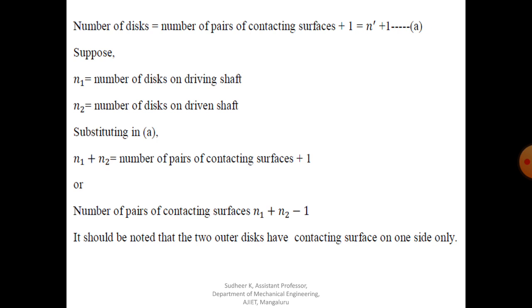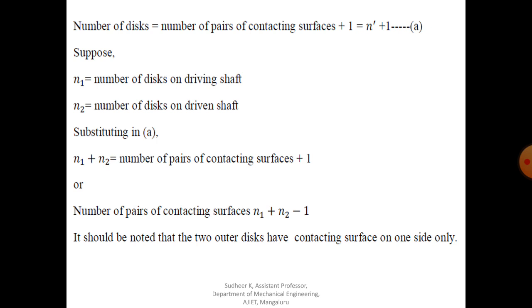We also derived the expression for torque based on the uniform pressure theory as well as the uniform wear theory. The uniform pressure theory can be used for new clutches, and the uniform wear theory can be used for designing worn out clutches. In the uniform pressure theory, the pressure remains constant throughout, from the inner radius to the outer radius.